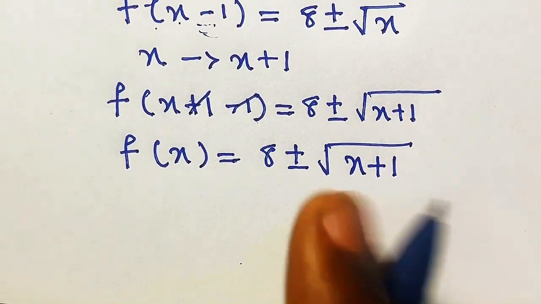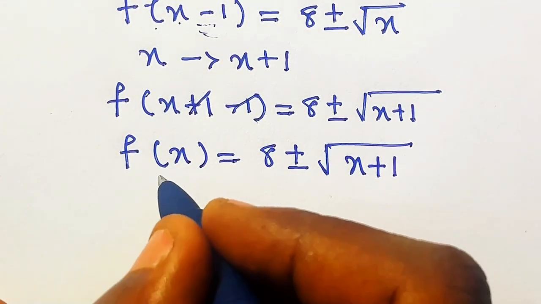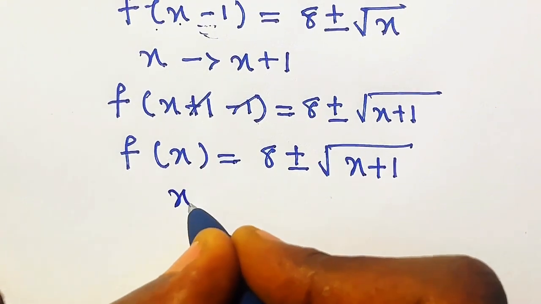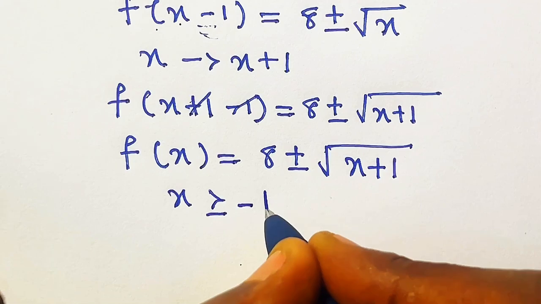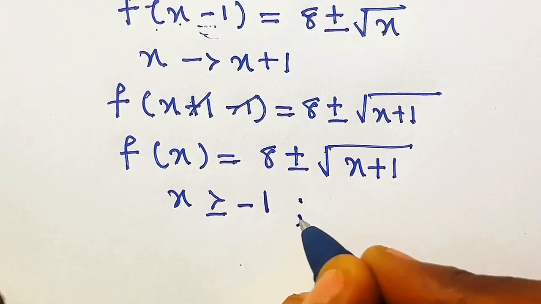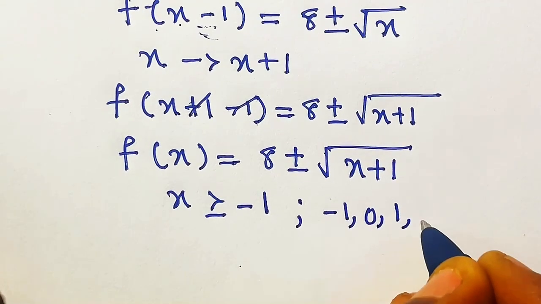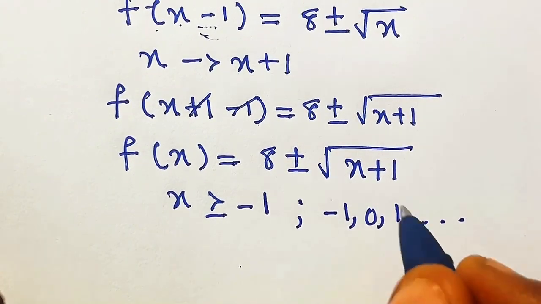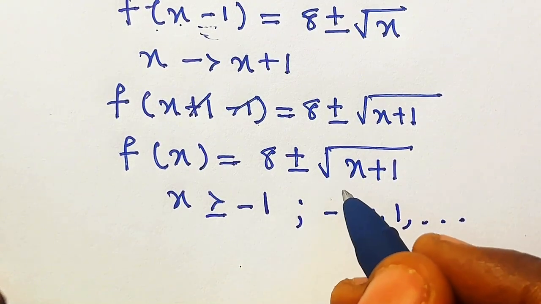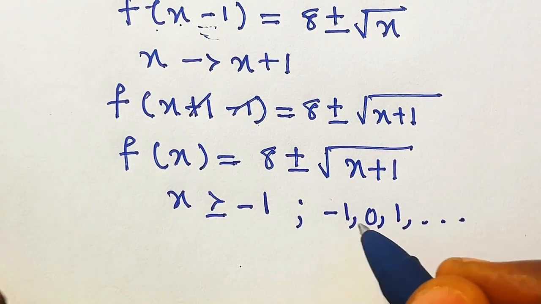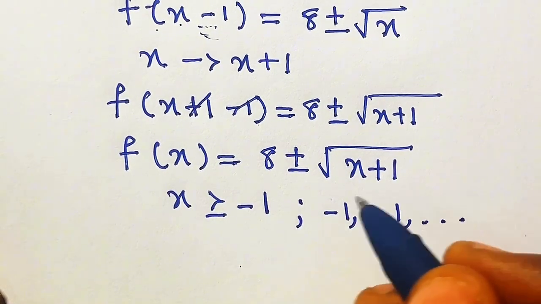So from here, to make this satisfied, we realize that our x would definitely be greater than or equal to minus 1. So the value of x could be minus 1, 0, 1, 2, and it continues like that.